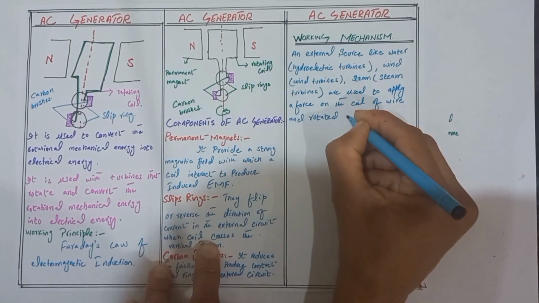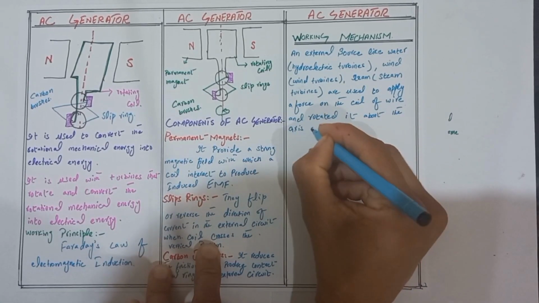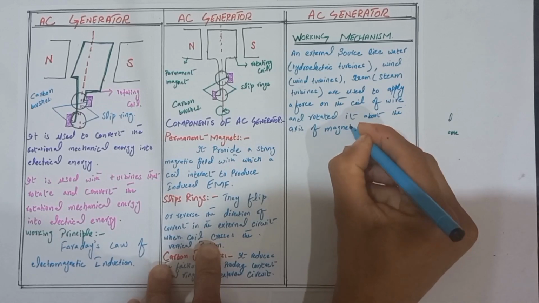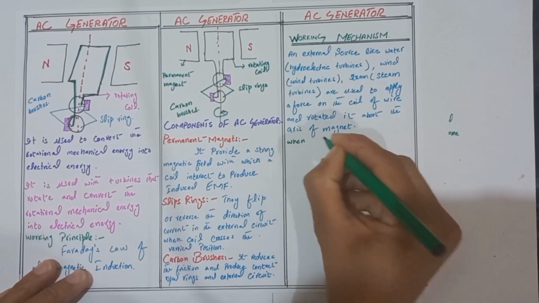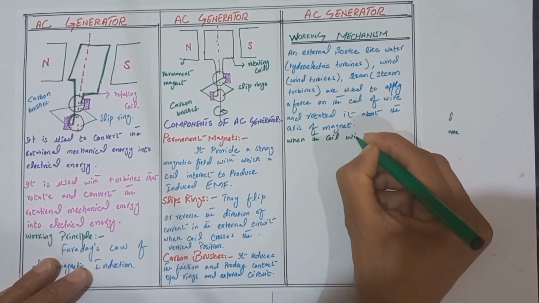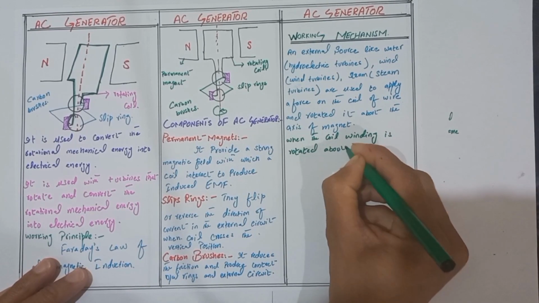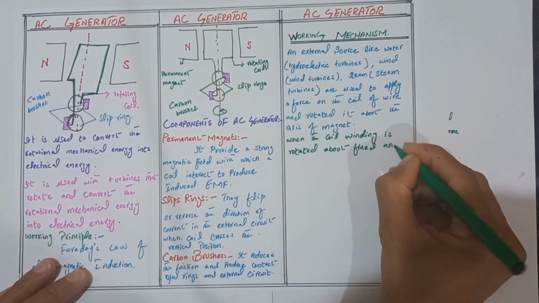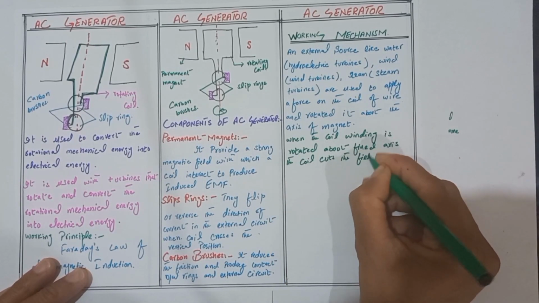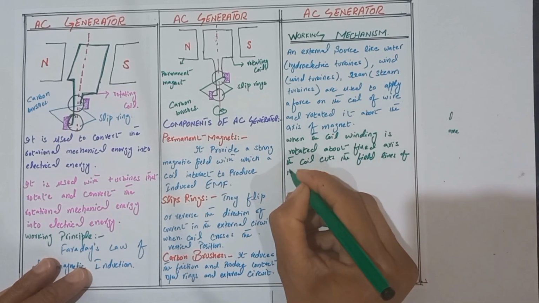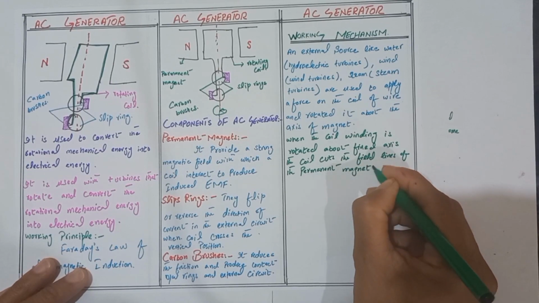rotate it about the axis of the magnet. When the coil winding is rotated about a fixed axis, the coil cuts the field lines of the permanent magnets.